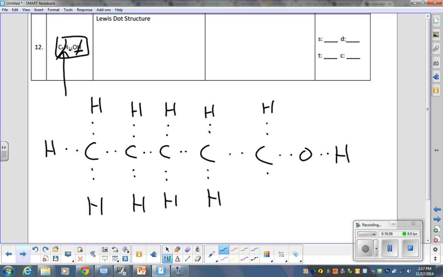All these hydrogens have what they need, and all the carbons have what they need. There's only one thing in an alcohol that doesn't have what it needs, and that's the oxygen. Currently, oxygen only has 4. Add 4 more, and you're good to go. So whenever you see a chain of carbons, make the chain first. If it has an OH, you add the O and the H to it.